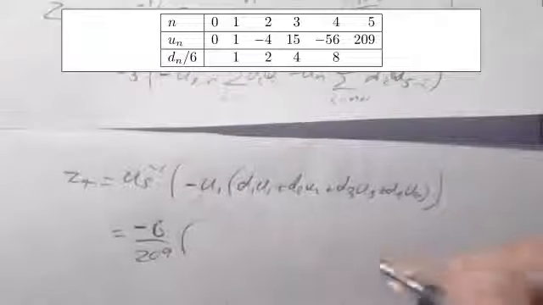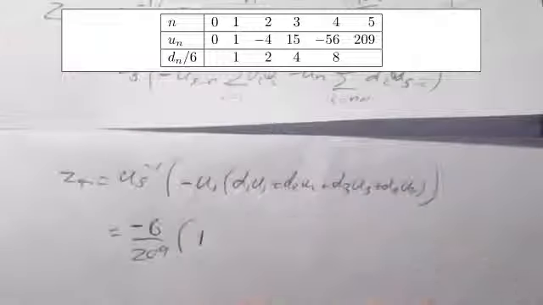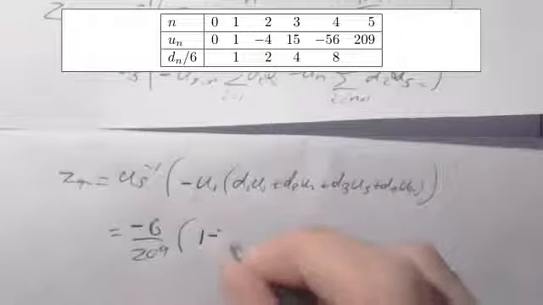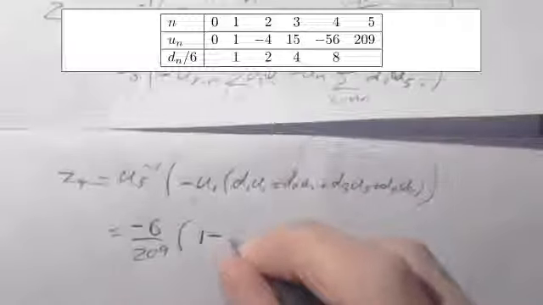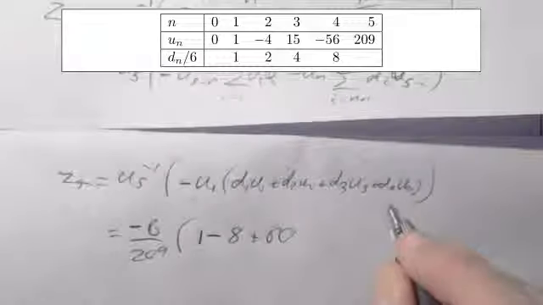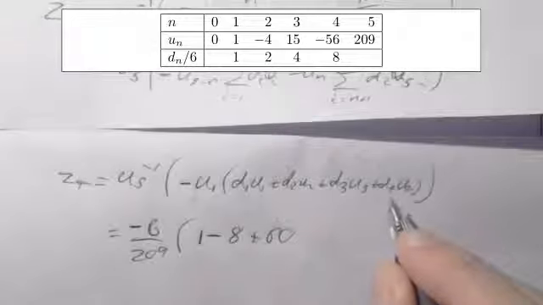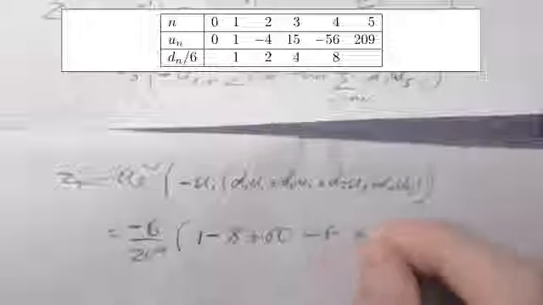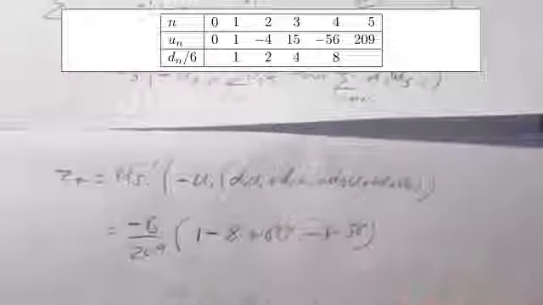Take 6 out for all the DI's, so we're going to have DI U1 times plus 2u2 minus 8 plus 4u3 plus 60. Wow, it's big numbers. Minus 8u4 minus 8 times 56. So what do we get here?